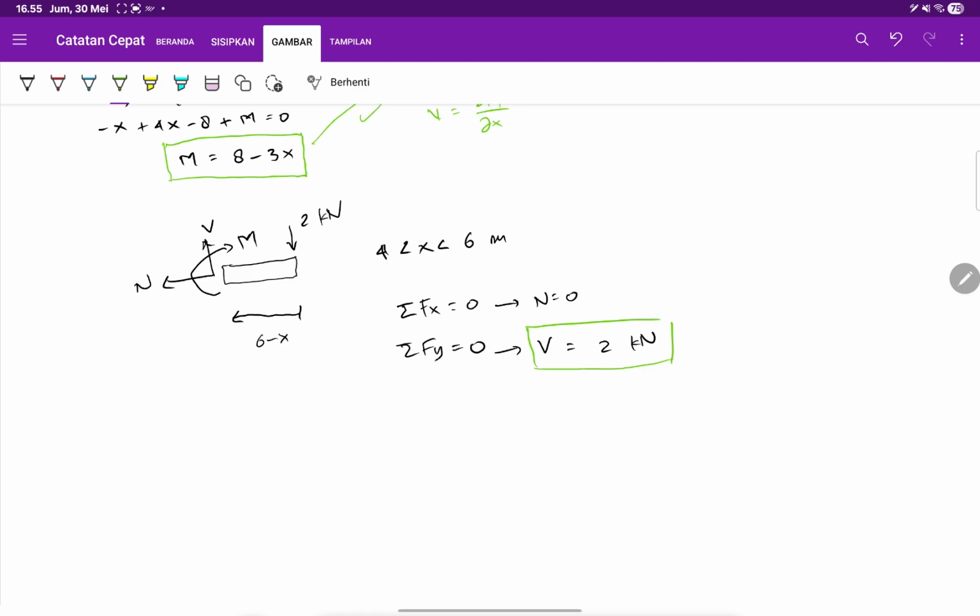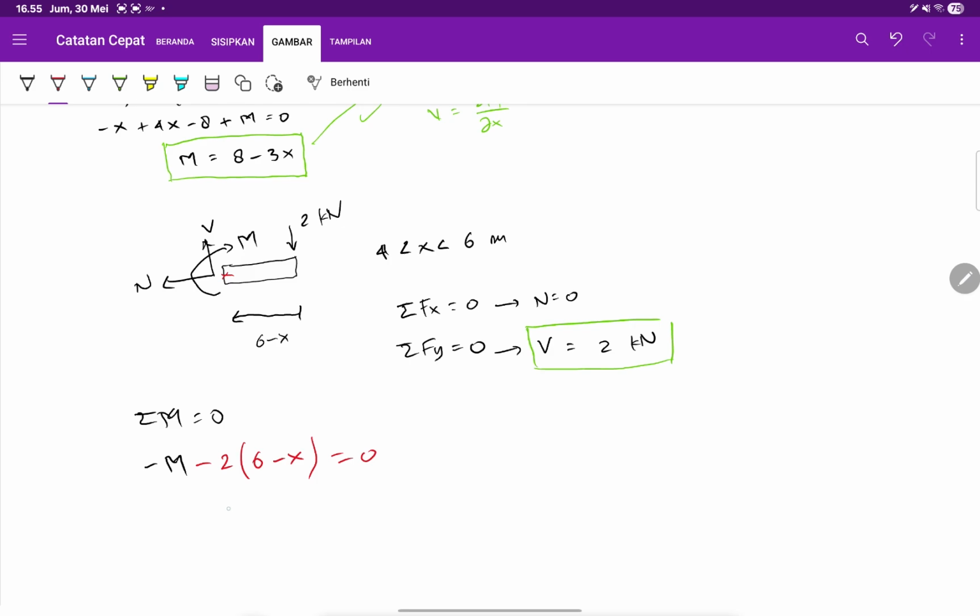Let's make it inside a green box. And then for the moment, sigma moment at the sectioning point equals 0 means that I have minus m. This m will become minus because it's clockwise with respect to this point. And I also have minus 2 times 6 minus x, the moment due to this 2 kilonewtons, equals 0.